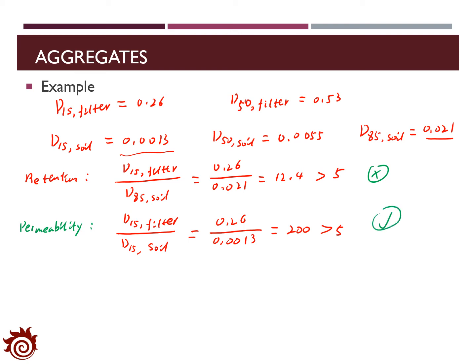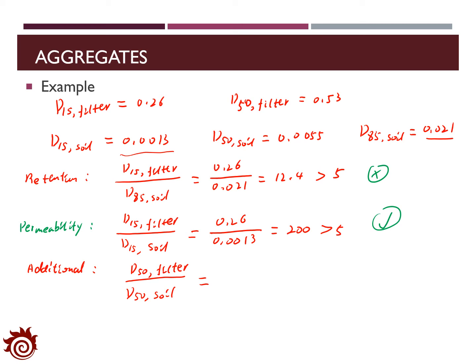In addition, we want to check whether the grain size distributions are parallel to each other or not. So we have an additional criterion, that is D50 filter over D50 soil.